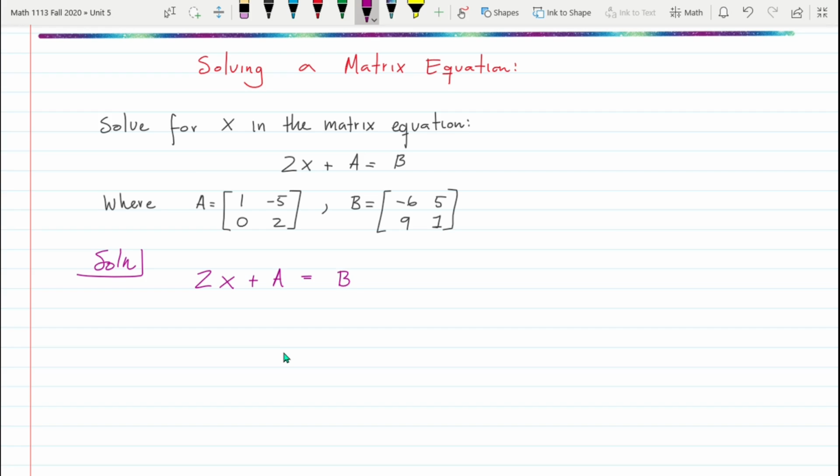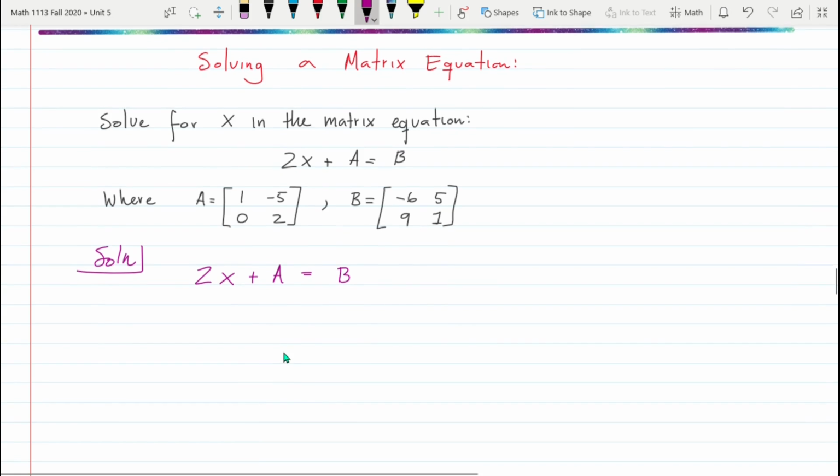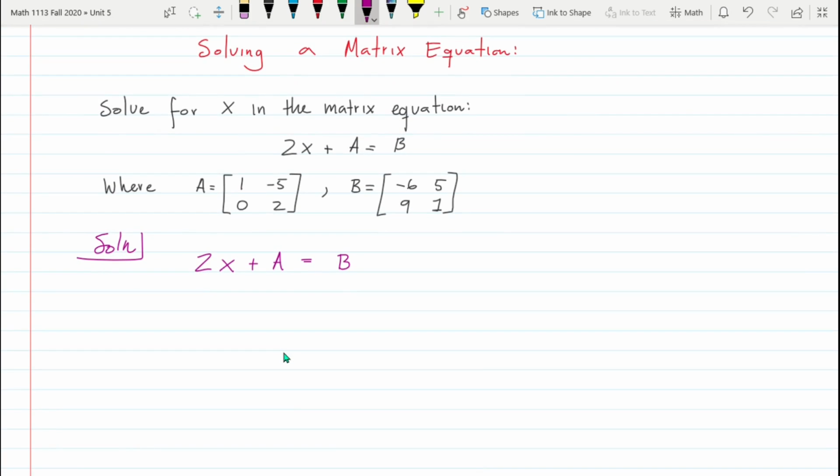But we want to keep in mind that when we're doing matrices, or matrix algebra, if you will, you only want to stick to addition, subtraction, and multiplication. Don't do division. It doesn't work as we are used to. So stick to adding, subtracting, and multiplying. So I can subtract a from both sides, and I have 2x equals b minus a.